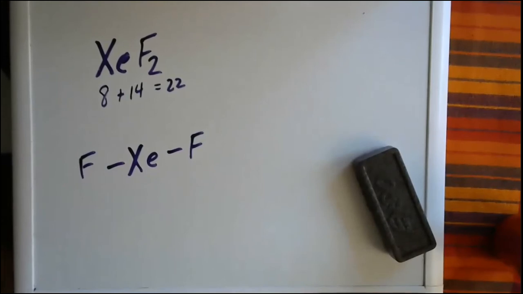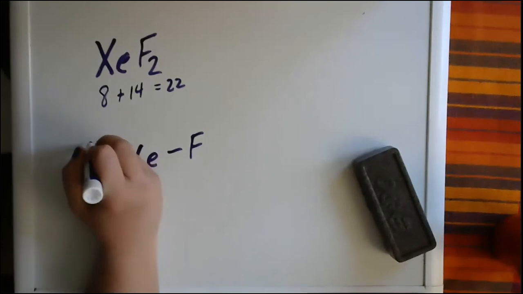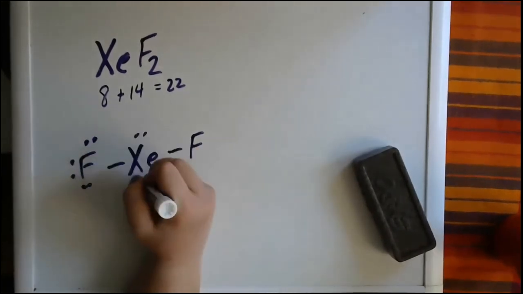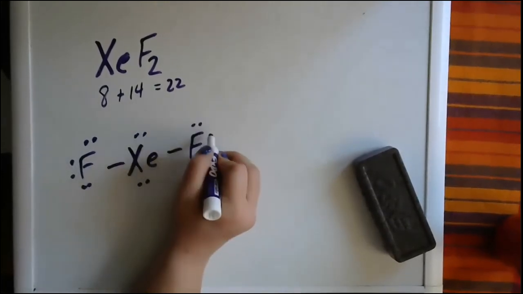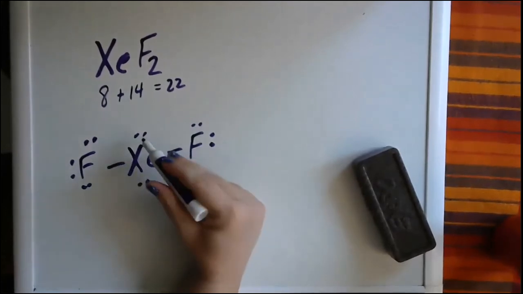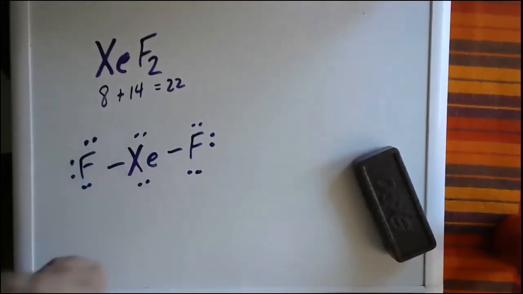So that will be our skeleton structure. And now we'll try to fill the octets of everything. So we have 2, 4, 6, 8, 10, 12, 14, 16, 18, 20 electrons, and everything has an octet.